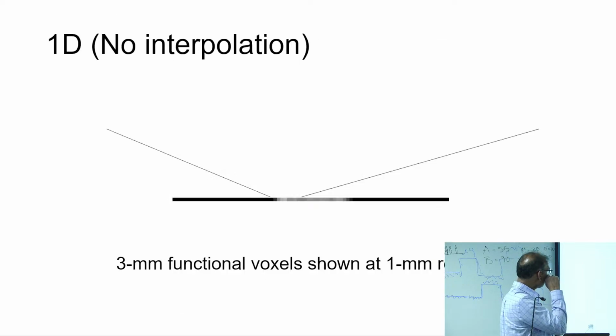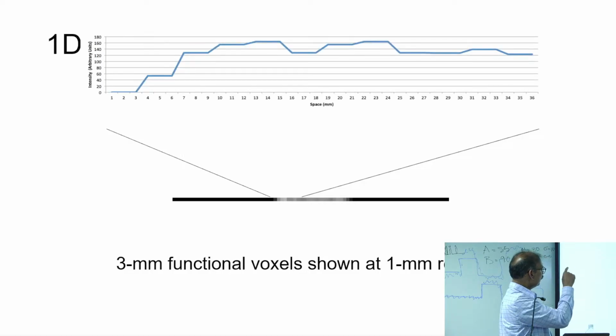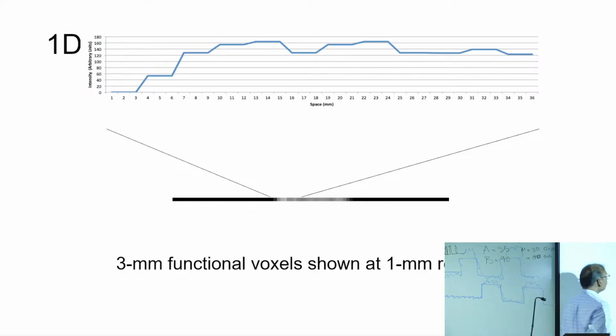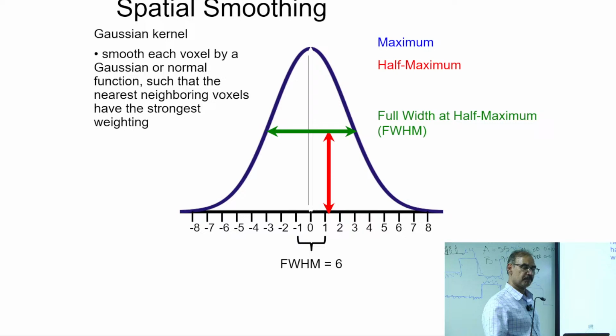If this is how your voxels look, if you look through one line of the image, let's say this one, and the intensity looks like this, then with smoothing, what is done is you use a Gaussian kernel.